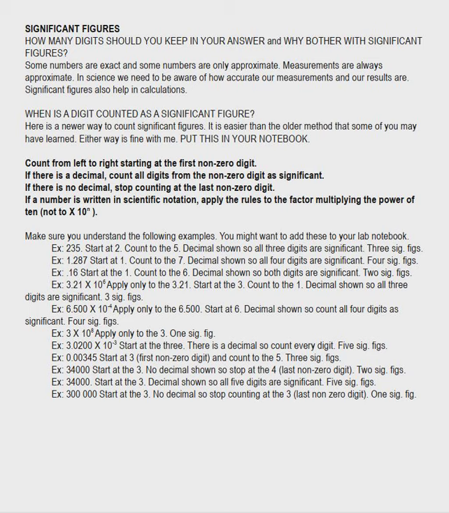G's lab. So today we're going to work on significant figures, and significant figures are basically a way to say, hey, these numbers are important and these numbers you can throw away, because do you really need 0.01000?